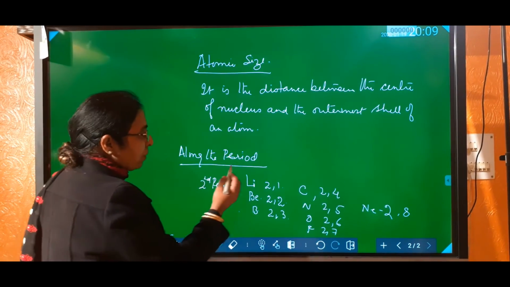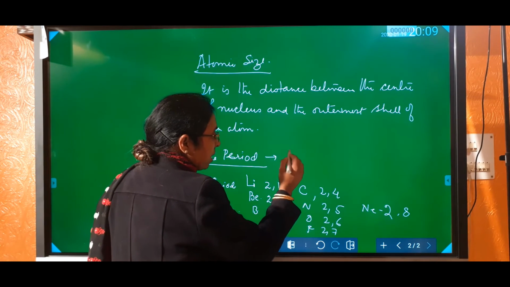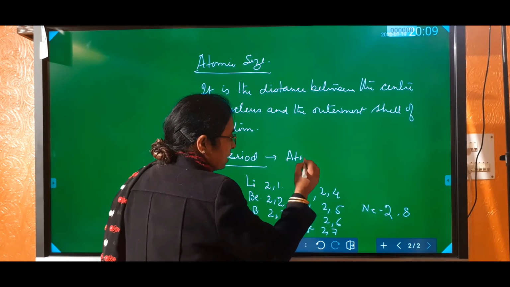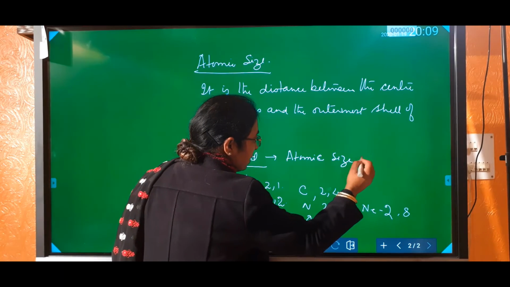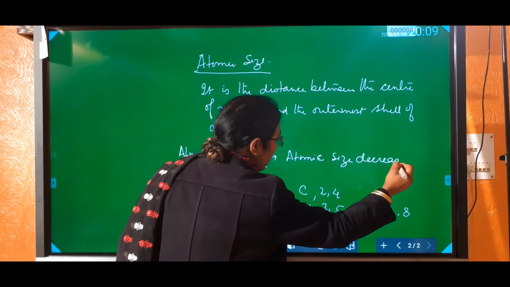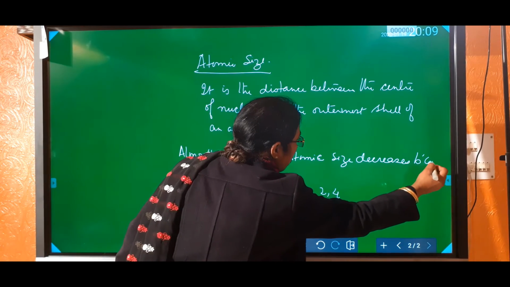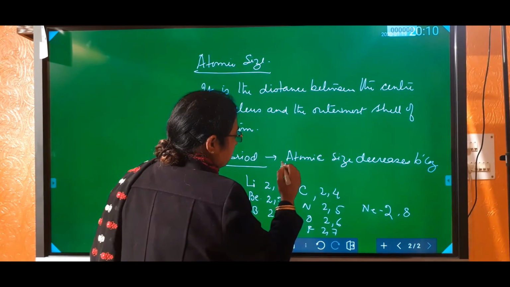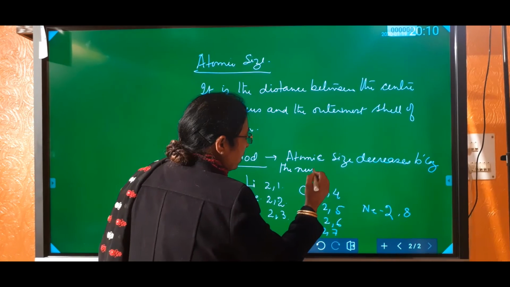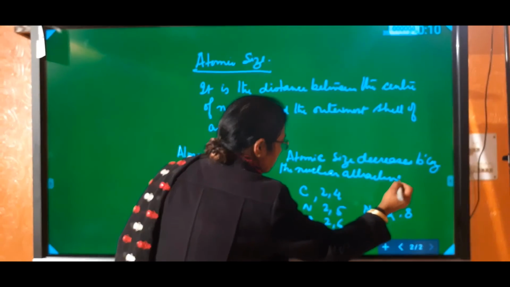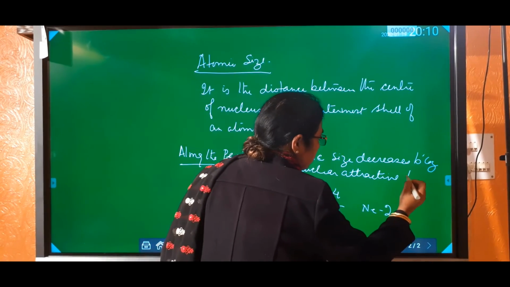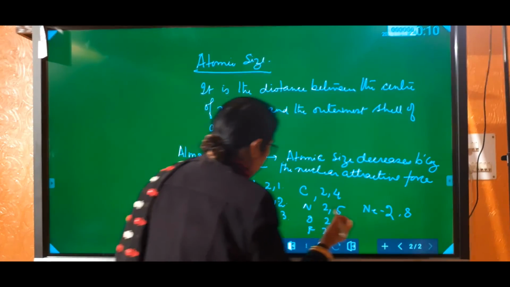So along the period, I can write that atomic size decreases. Why does it decrease? Because the nuclear attractive force increases.